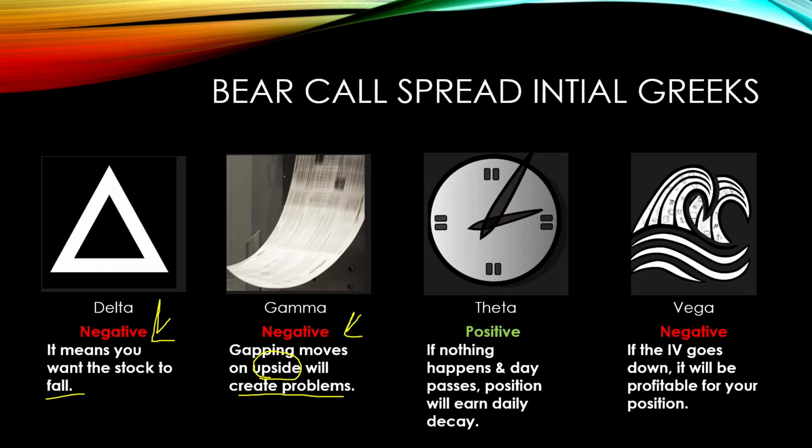Theta is of course positive, because this is a credit strategy. If nothing happens and days pass, you will earn daily decay. What about Vega? If the IV goes down, it will be profitable for your position because it is a net credit strategy. So these are the initial Greeks of a bear call spread.